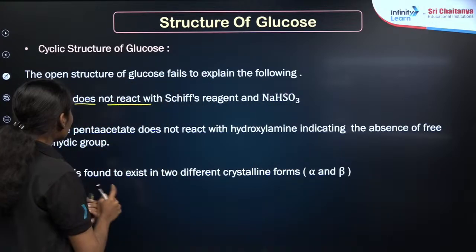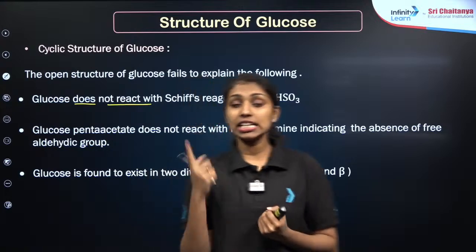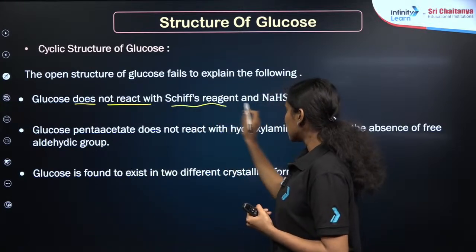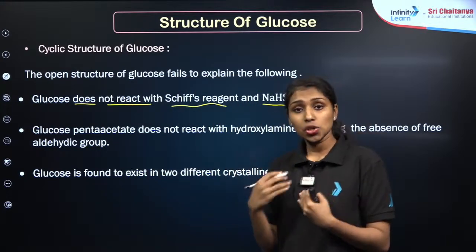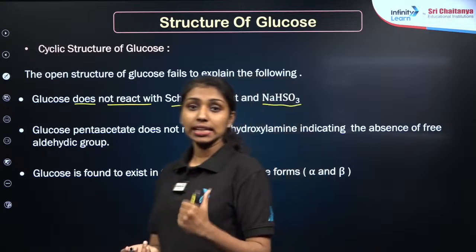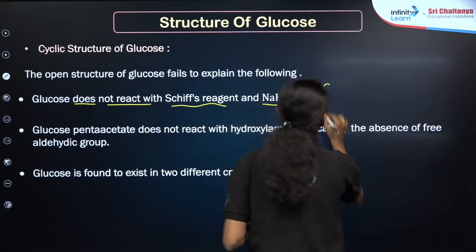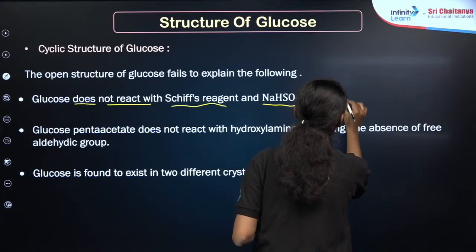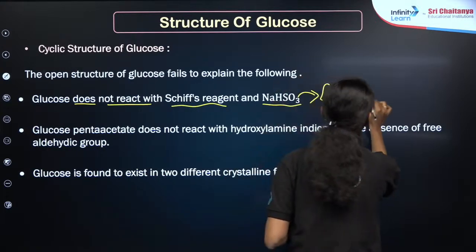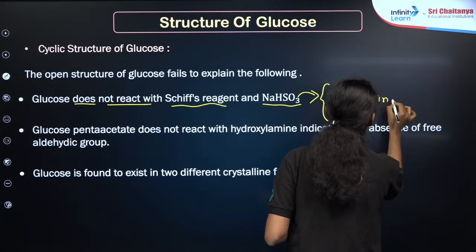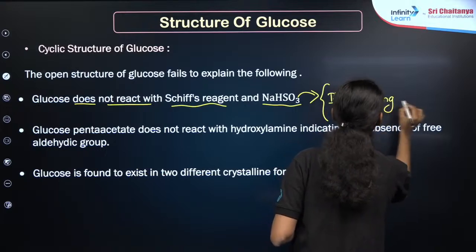But whenever the glucose is reacting with Schiff's reagent or sodium bisulfite, it does not give any positive result, which indicates the absence of an aldehyde group here. Even though it has an aldehyde group, it does not give a positive test with Schiff's reagent and sodium bisulfite.